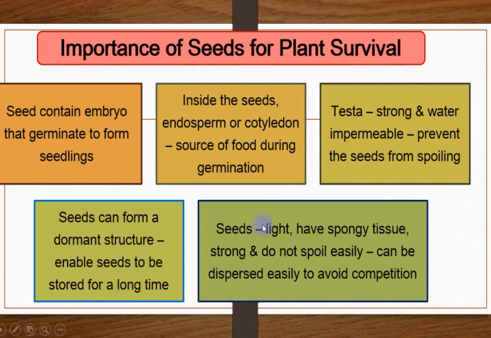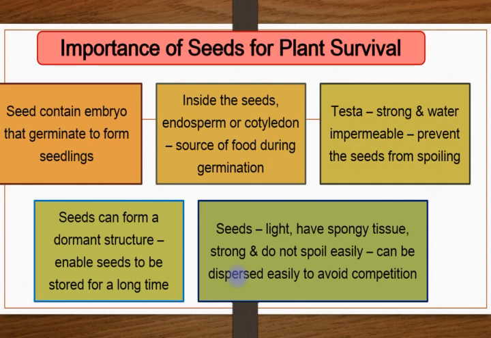The last one: the seed itself is light, ringan. It has spongy tissue, is strong, and does not spoil easily. So it can be dispersed easily to avoid competition. How are the seeds dispersed?